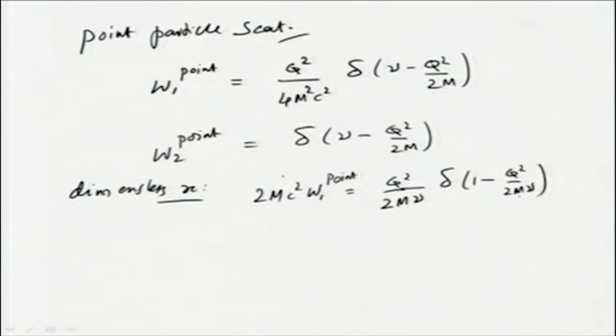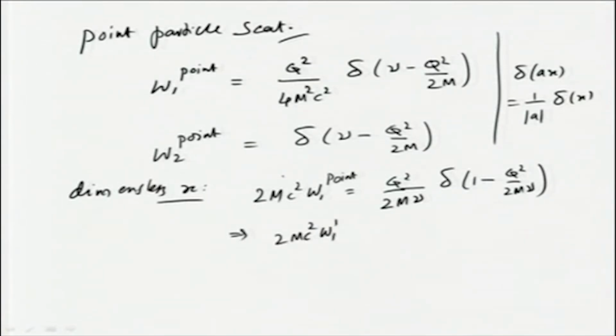Using the property of the delta function that δ(ax) is equal to 1/|a| δ(x), which can be easily verified, this gives you 2mc² W₁ point is equal to x δ(1 − x).